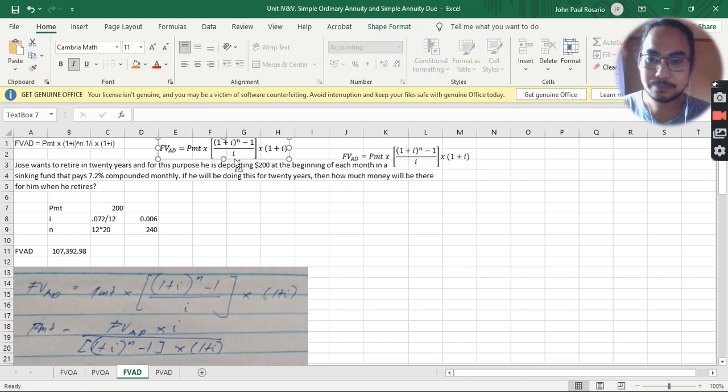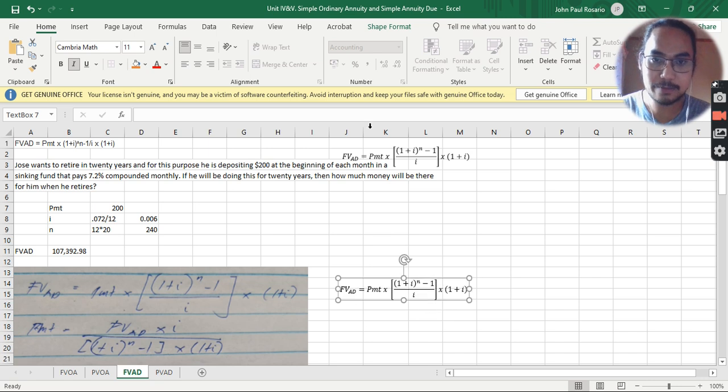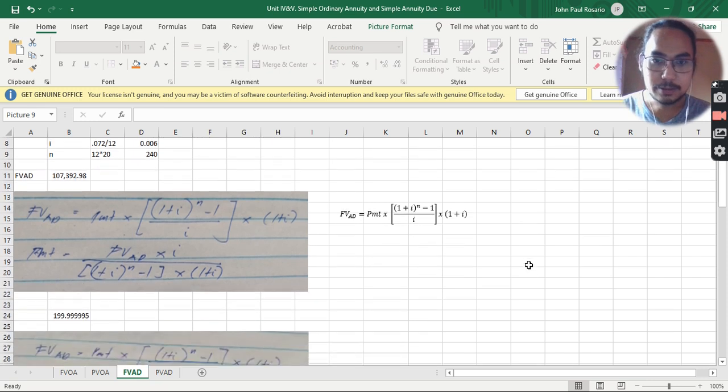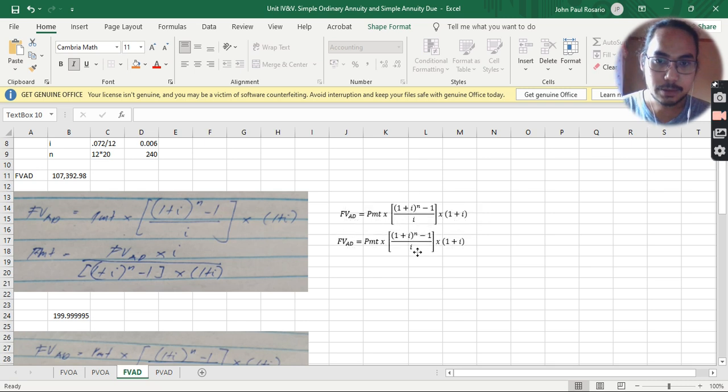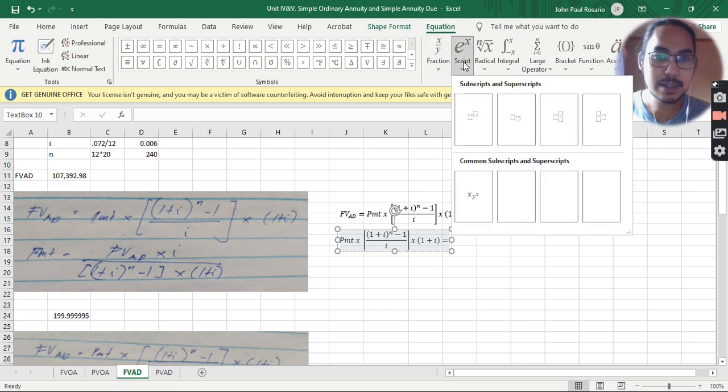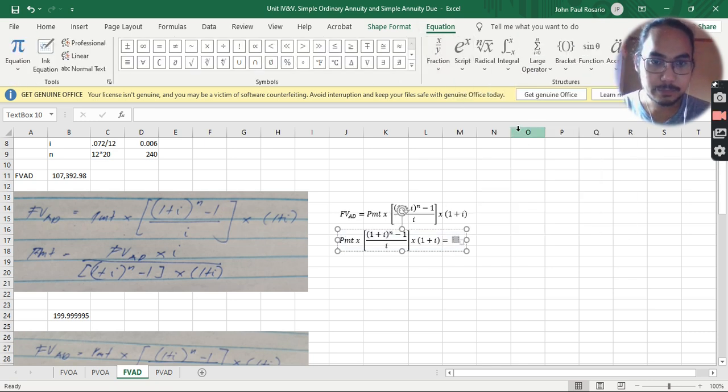The equation is FVAD, future value of annuity due, and the payment is the unknown, so we can simply transfer everything to the right.